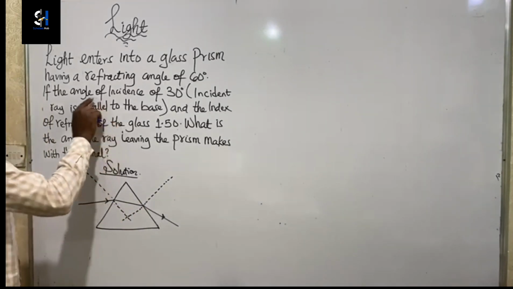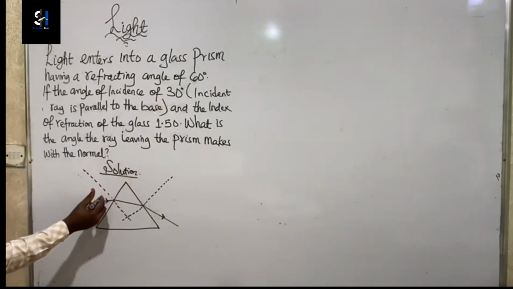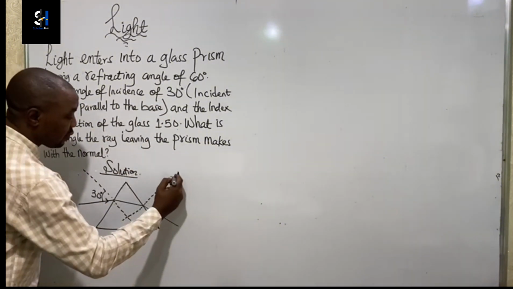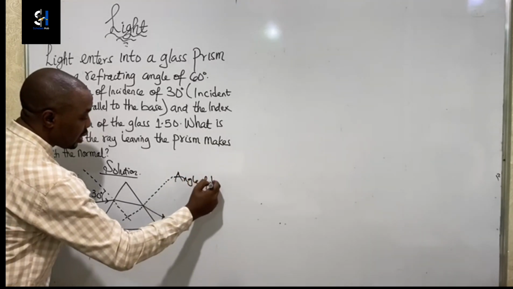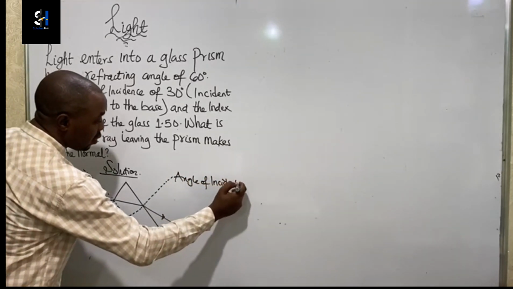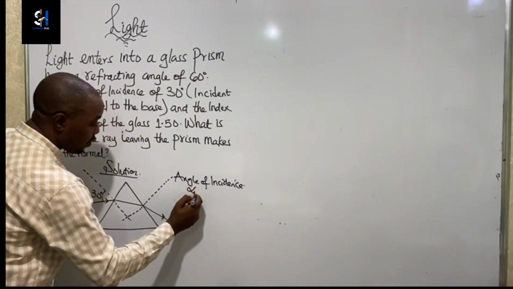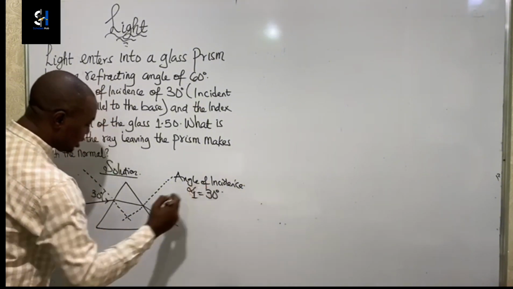Remember, we are given the angle of incidence, which is 30 degrees. So let's say we have our angle of incidence, alpha 1, and that's 30 degrees.